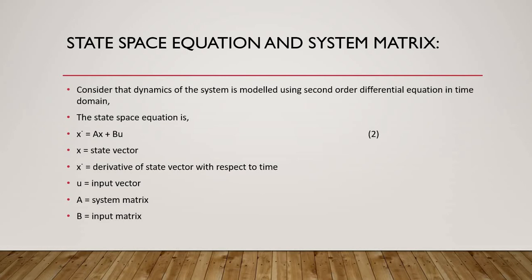If it's an nth order equation that we get by solving those physical variables, then we'll take n state variables, and we will try to have a generalized form of those equations as, say, x dot is equal to Ax plus Bu.